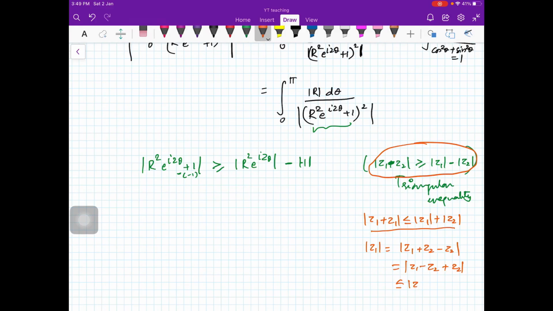If I take the limit r going to infinity, that is limit of r upon r square minus 1, whole square, times pi, this is 0.